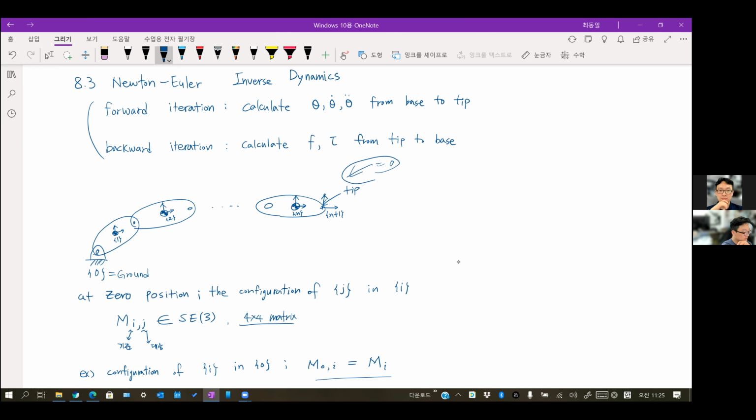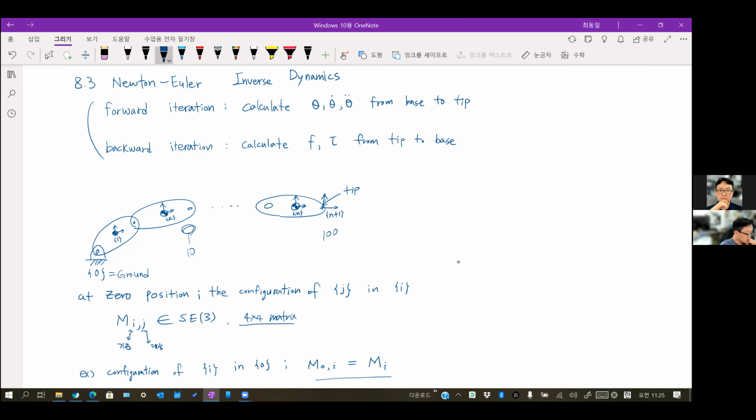But if there is some non-zero value, then this force is propagated from here to the ground. So this is the reason we use backward iteration to calculate force.